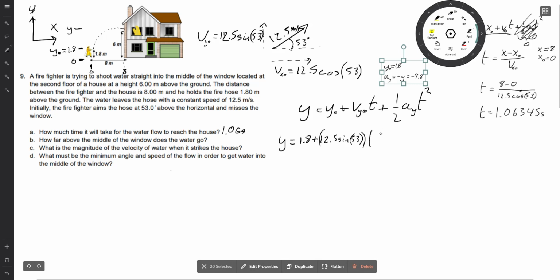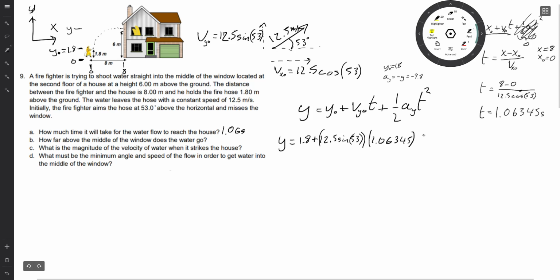Times the time, which is going to be 1.06345. Notice I'm using the entire unrounded version of the time. This is why we didn't have enough room. Plus a half times negative 9.8 times 1.06345 squared.